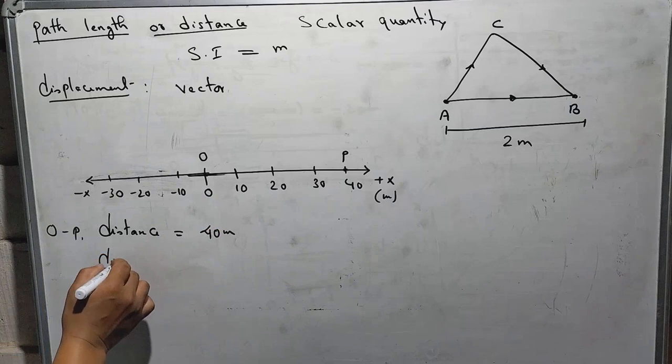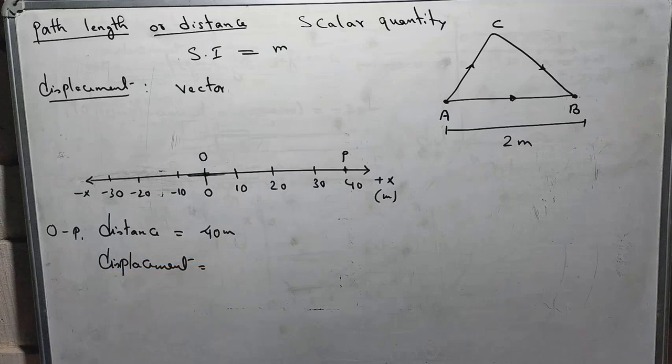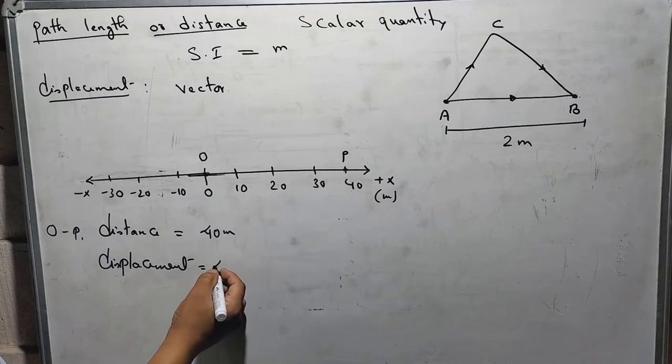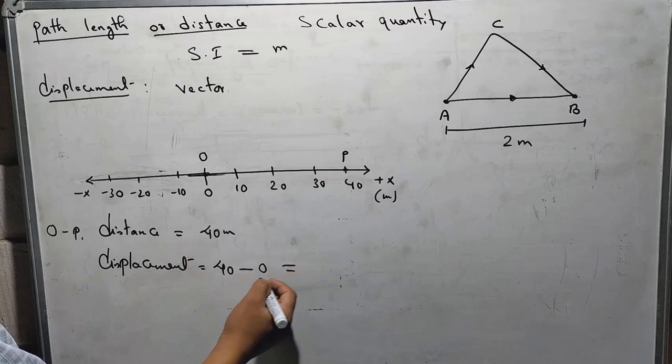What about displacement? Displacement is defined as the change in the positions of an object. When I say change in position, it means final position minus initial position. The final position is 40, the initial position is 0. So when you subtract, you'll get 40.